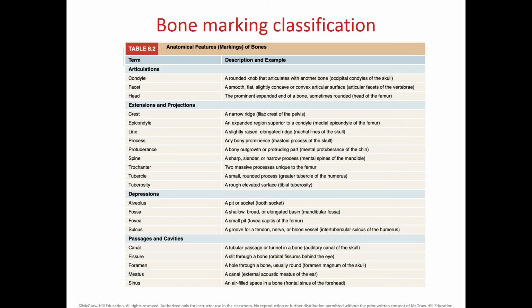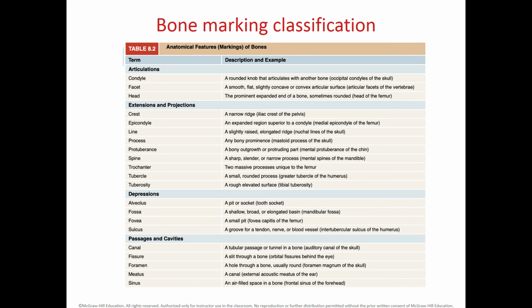We have also extensions and projections. So we have these extensions and projections that majorly help for the attachment of muscles or ligaments. So we have a crest, which is a narrow ridge, and we have very different examples. We will see those, but we have a crest in the iliac bone that is located within the pelvis.